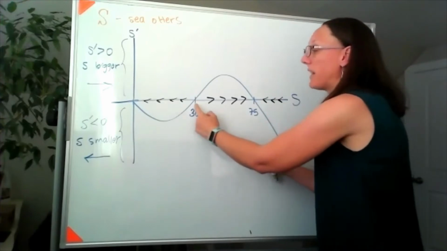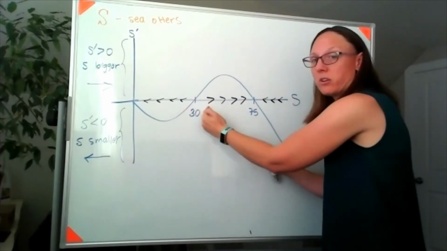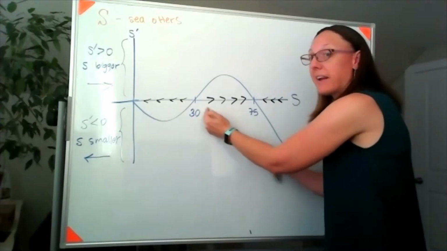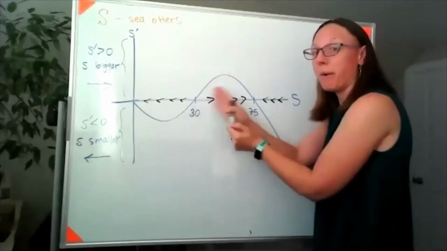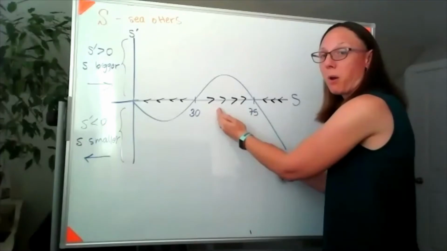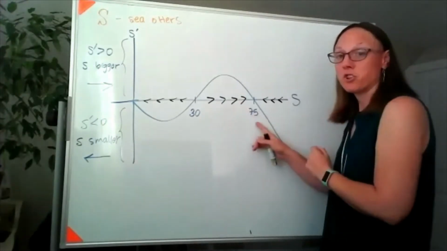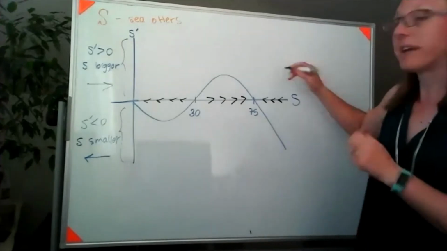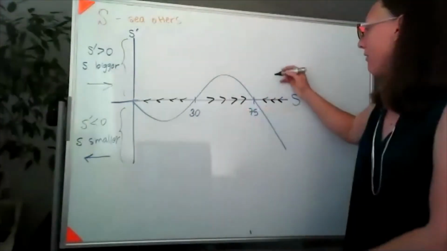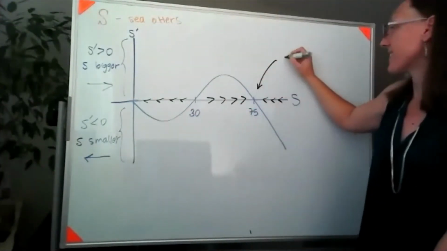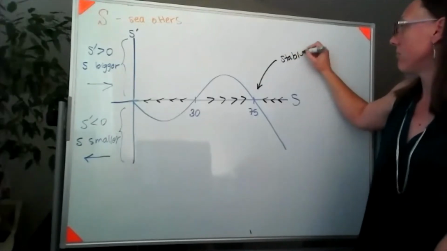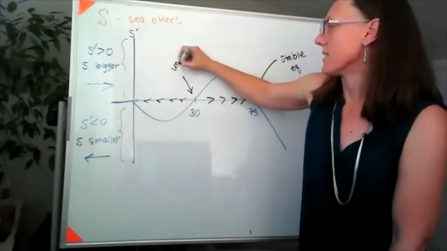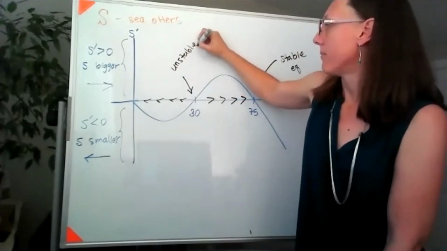But as long as we've made it over that critical threshold, any number of sea otters above it is going to build up to that carrying capacity. So just to recap from looking at the graph, I know that this is a stable equilibrium, and I know this is an unstable equilibrium.